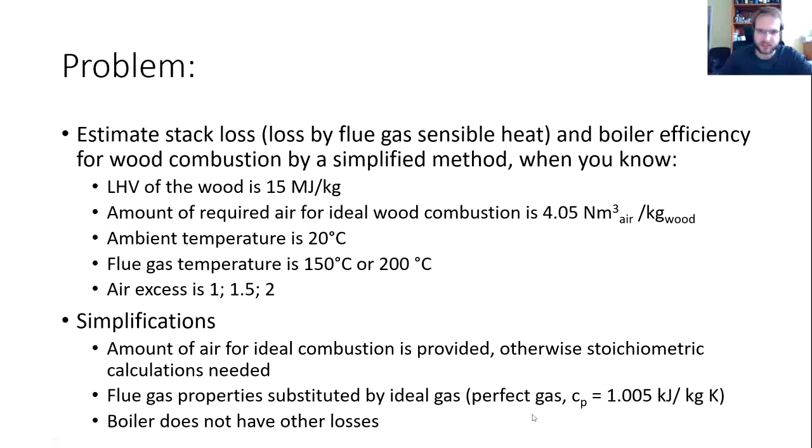The perfect gas follows all the rules of ideal gas, but on top of that it has a constant specific heat capacity, which is in our case 1.005 kilojoules per kilogram and Kelvin. Ideal gas in general doesn't need to have this specific heat capacity constant. And the last simplification for the boiler efficiency, there will be no other losses than the stack loss.